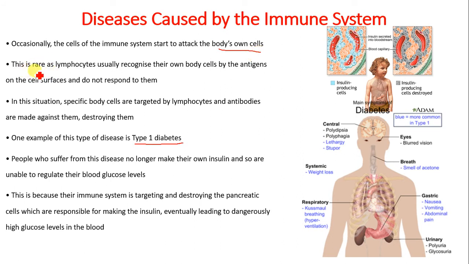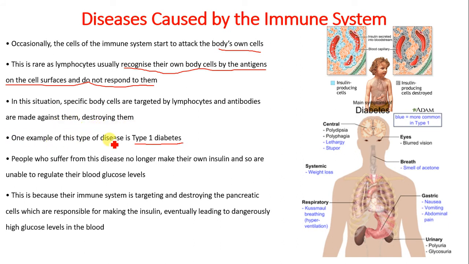This is rare, as lymphocytes usually recognize their own body cells by the antigens on the cell surface and do not respond to them. However, in this situation, specific body cells are targeted by lymphocytes and antibodies are made against them, thereby destroying them.